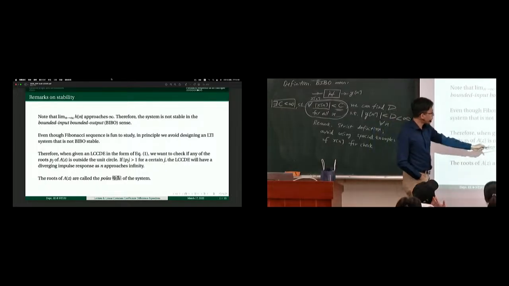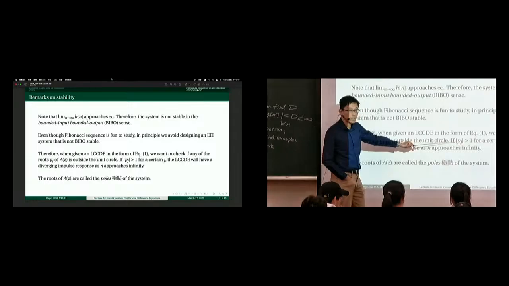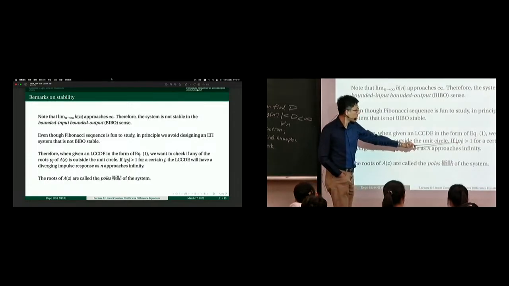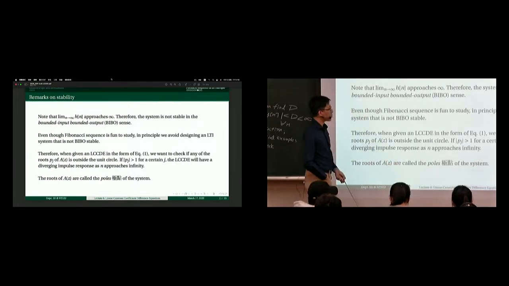If any of the roots of A(z) is outside the unit circle, then when we partially decompose H(z), if any of the factors P is outside the unit circle, the corresponding sequence is going to be a geometric sequence that diverges.